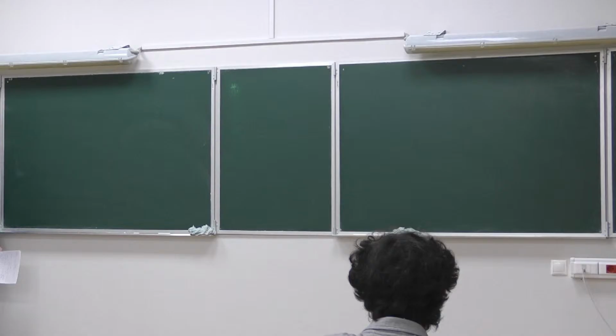Sending a map f, say from Y to X, to the slice category X under f.